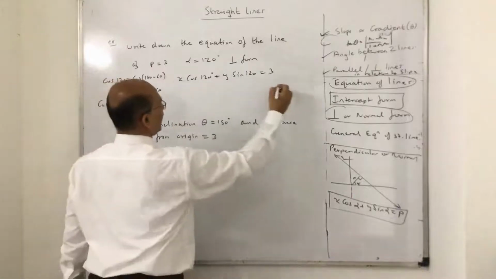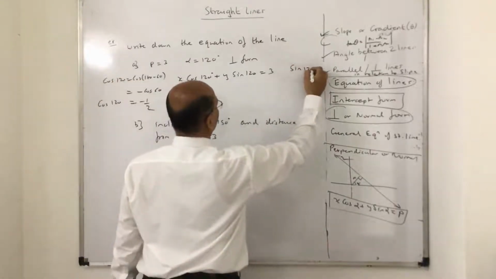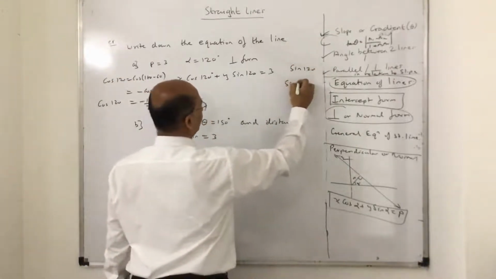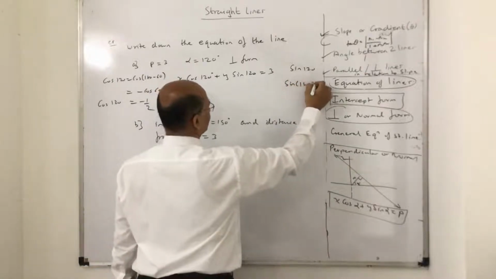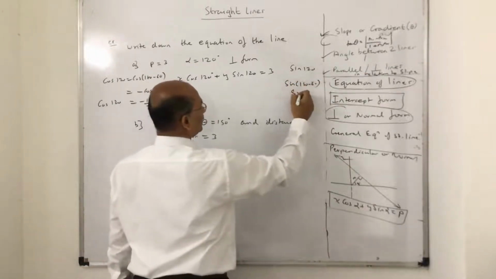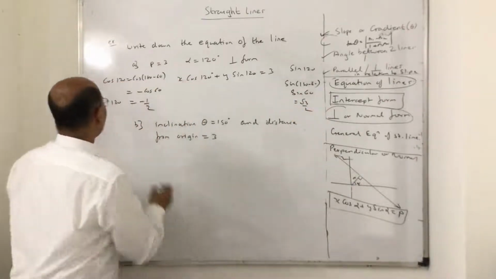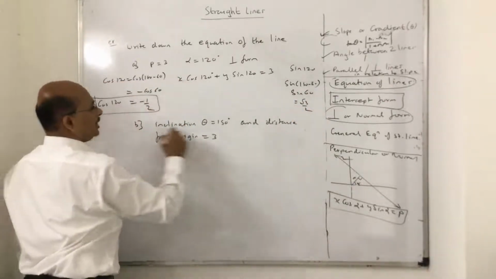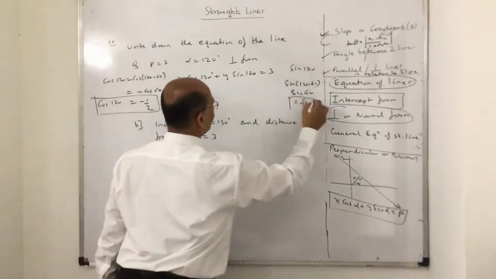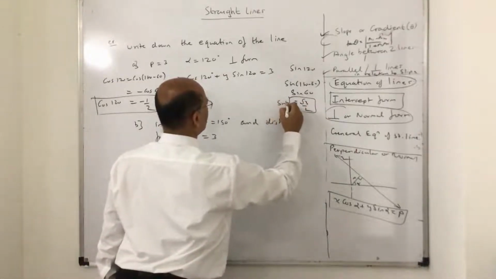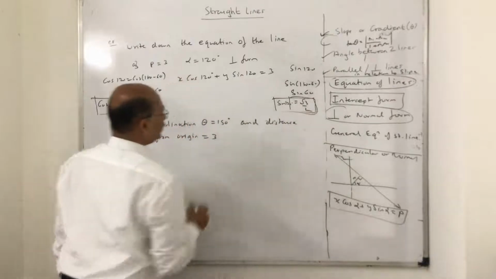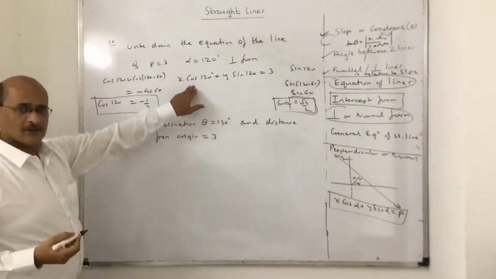Similarly, I want to find sin 120. Sin 120 is sin of 180 minus 60. In the second quadrant it is sin 60, which is root 3 upon 2. So I got the value of cos 120 and the value of sin 120. I just place these values in the formula.